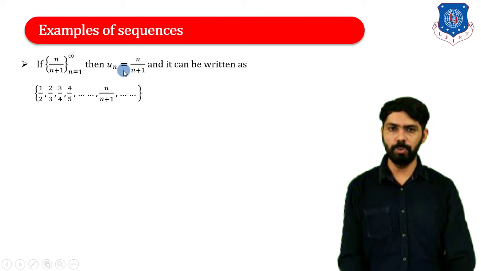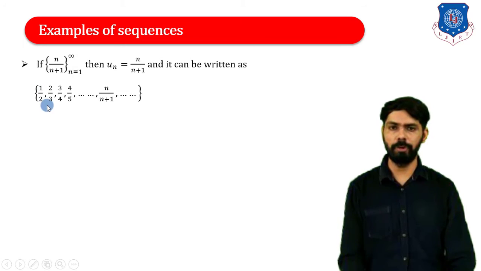It can be written as 1 divided by 2, 2 divided by 3, 3 divided by 4, 4 divided by 5, and so on, and the nth term is n divided by n plus 1. To find the first term, we put n equal to 1 in un. Then it is 1 divided by 1 plus 1, so it will be 1 divided by 2.